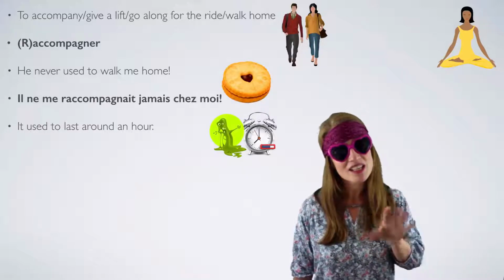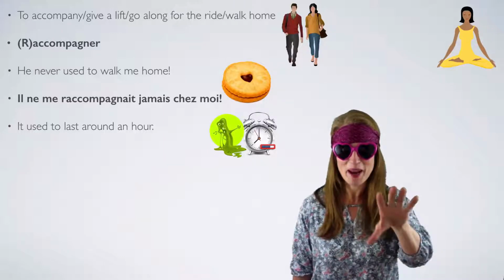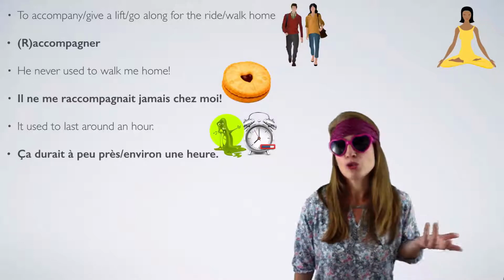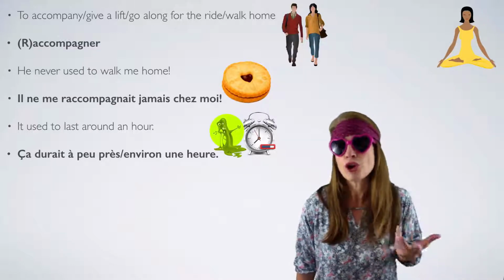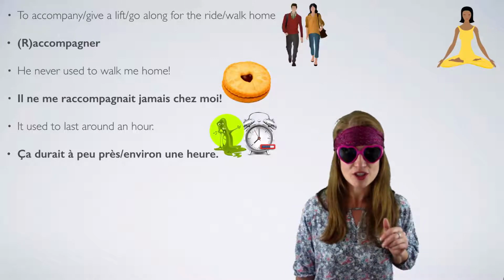It used to last around an hour. We've got our abstract ça here: ça durait à peu près ou environ une heure. À peu près is used a lot in spoken French rather than environ.